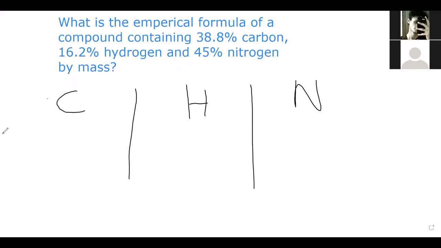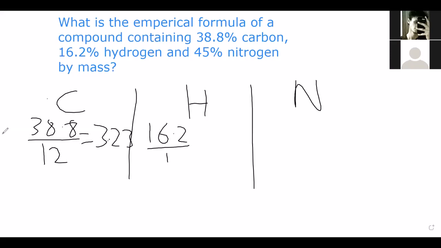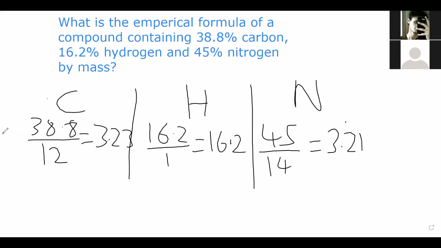So 38.8 upon 12 equals to 3.23. 16.2 upon 1 equals to 16.2, and 45 upon 14 equals to 3.21. Now this is the simplest ratio, so we'll divide all ratios by the simplest ratio.